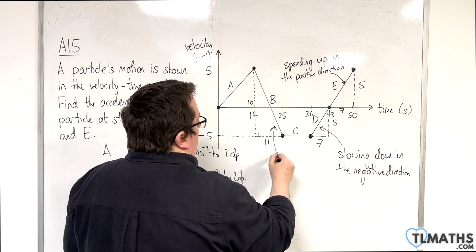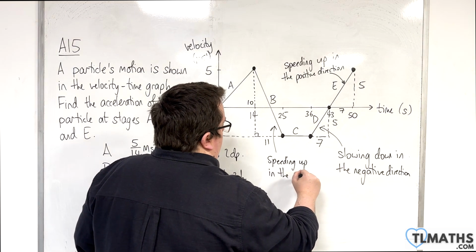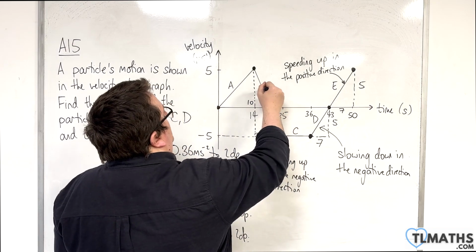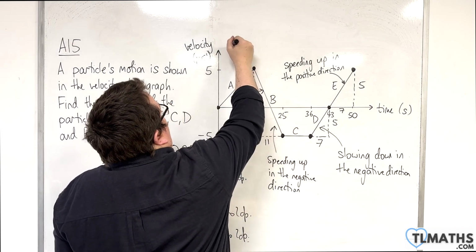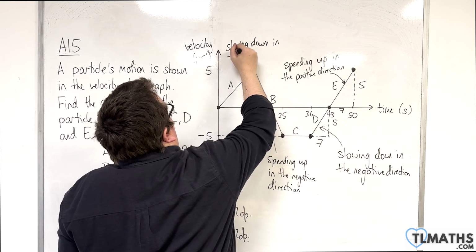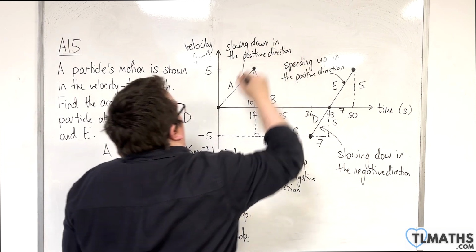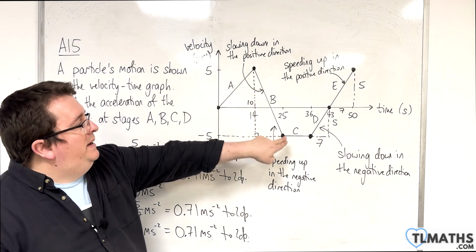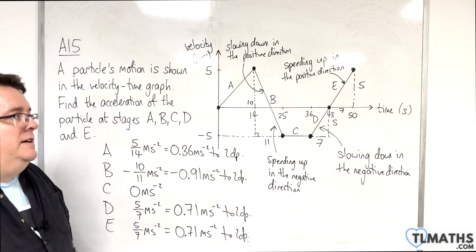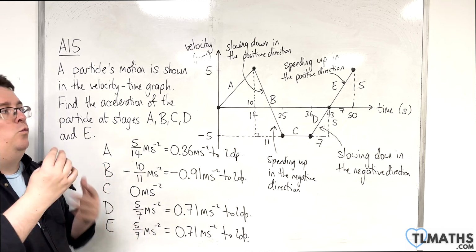So this is speeding up in the negative direction, and this section here is slowing down in the positive direction. So a negative acceleration can mean those two things, a positive acceleration can mean those two things. Okay, so it does take a little bit of time to get your head around, but this diagram is perfect in displaying what those differences are.